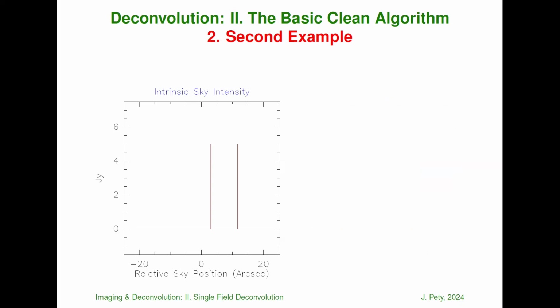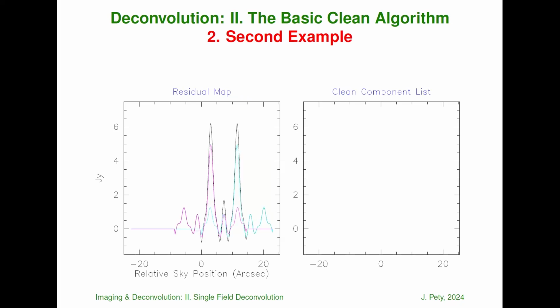Again, two point sources, but this time they have the same flux at those positions, 5 Jansky and 5 Jansky. Let's try to make the dirty image. We keep the same dirty beam and convolve those two point sources with it.